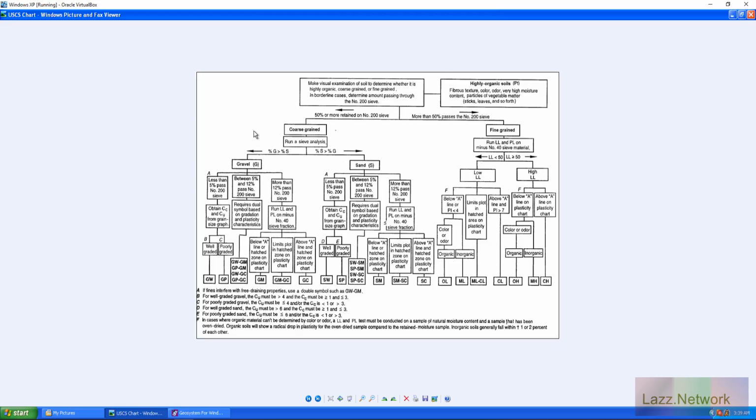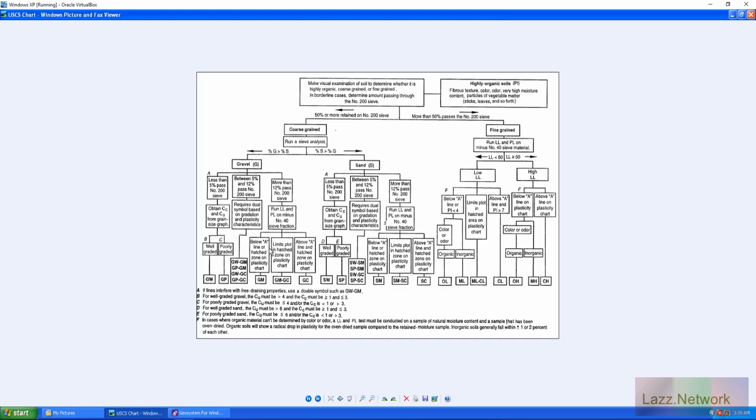Now, you might be thinking, okay, but wait a minute, Laz. If it's between 5 to 12%, it doesn't indicate that you have to do an Atterberg limit. And you're correct. You don't have to do an Atterberg limit if you have fines that low, but you have to be able to classify it along the lines.